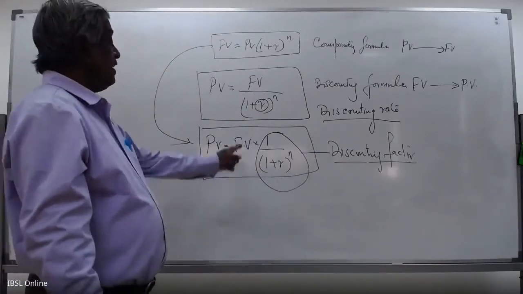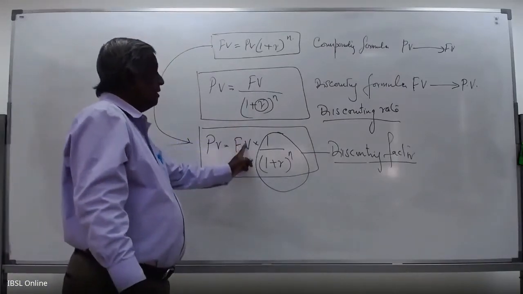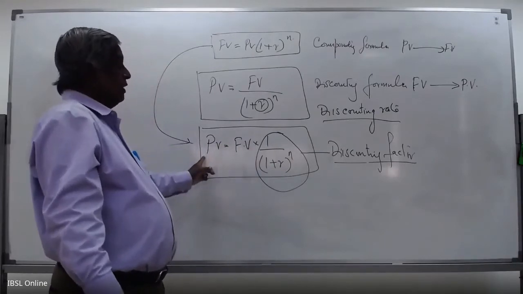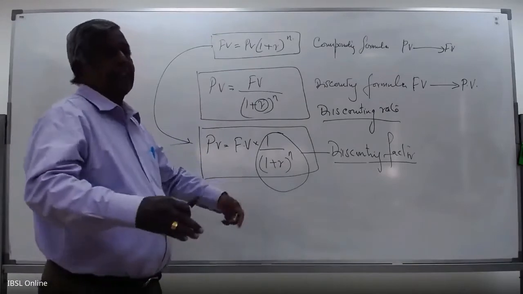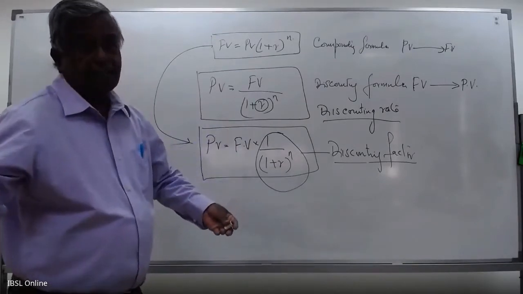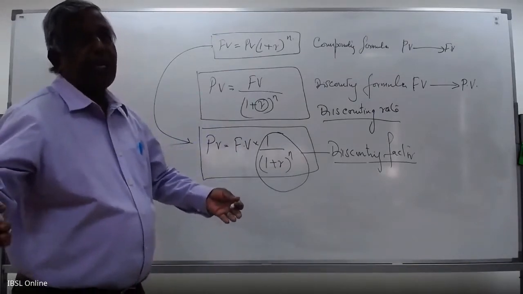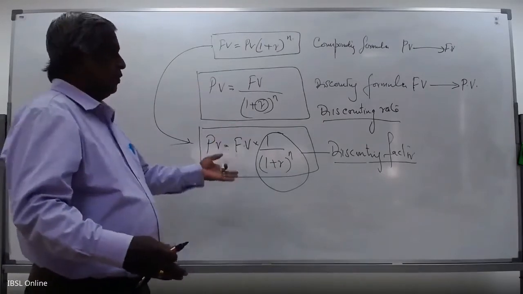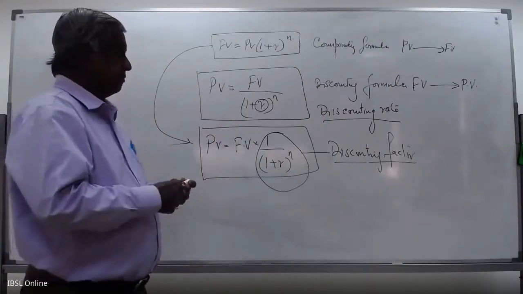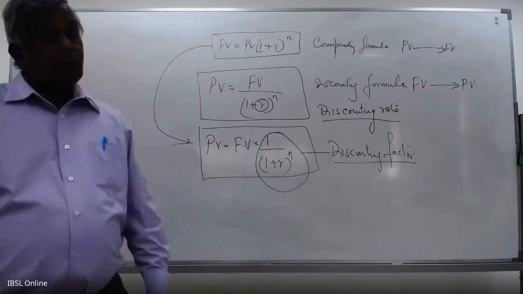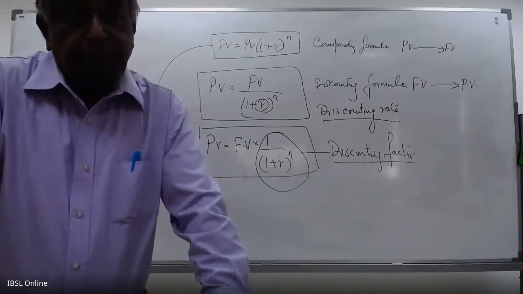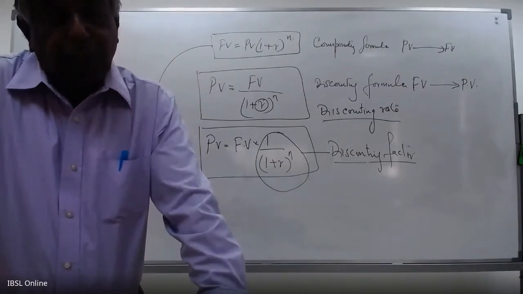When the future value is 1 rupee, the present value is called as discounting factor. This varies with the different discounting rates or interest rates and different periods. You have a discounting table. I hope it is clear with you all.